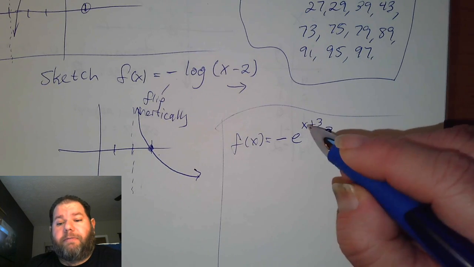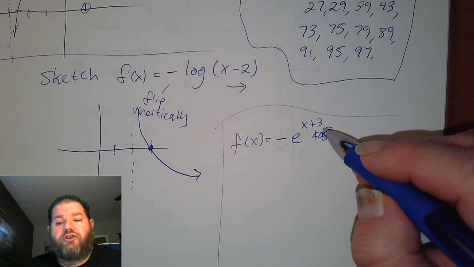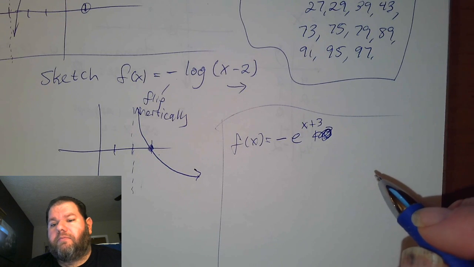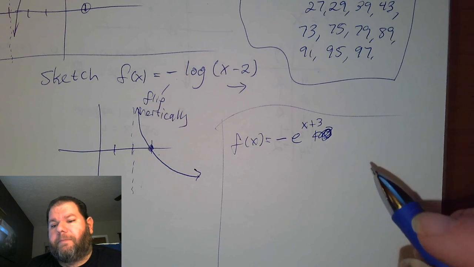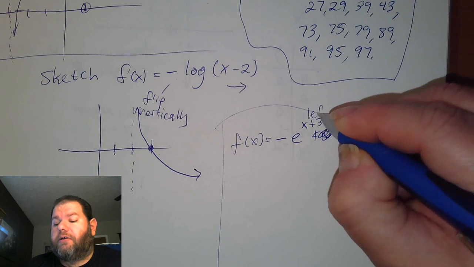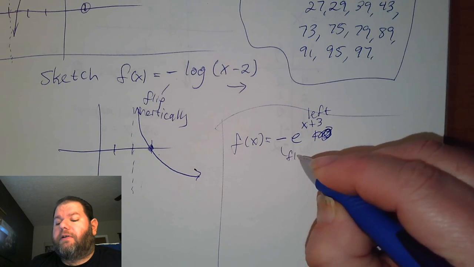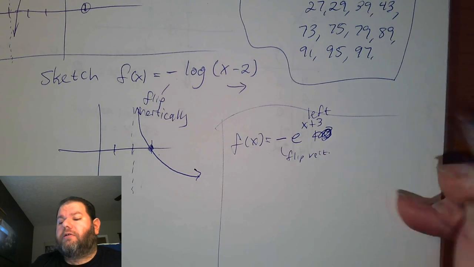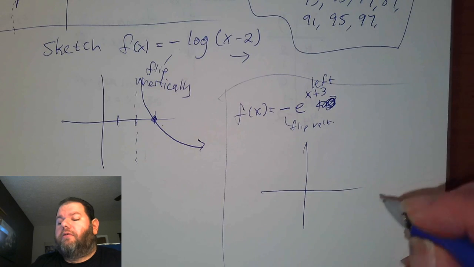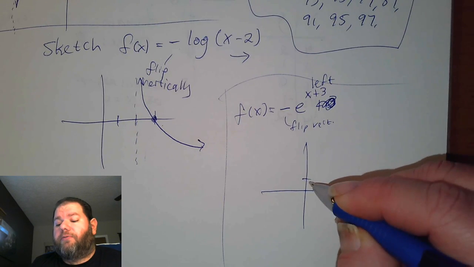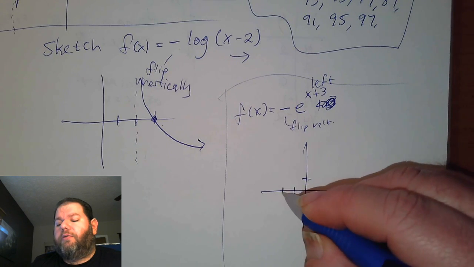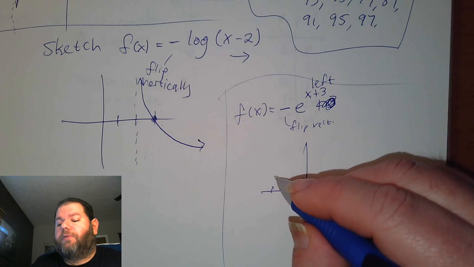So, with x plus 3 up here, what kind of shift is that? Which direction is that shift? Left 3, good. And we know this is going to flip it vertically. Now, for exponentials, our anchor point is right here, (0, 1). We know we're going to move it left 3, which puts it here.